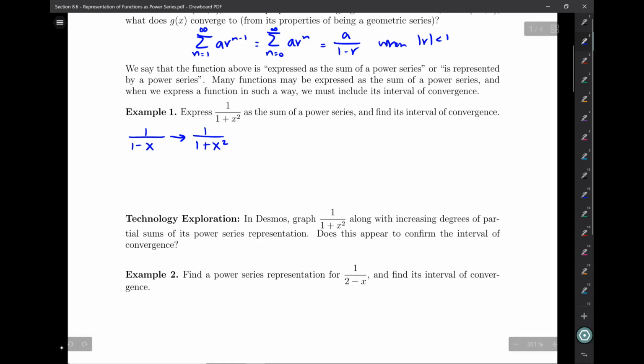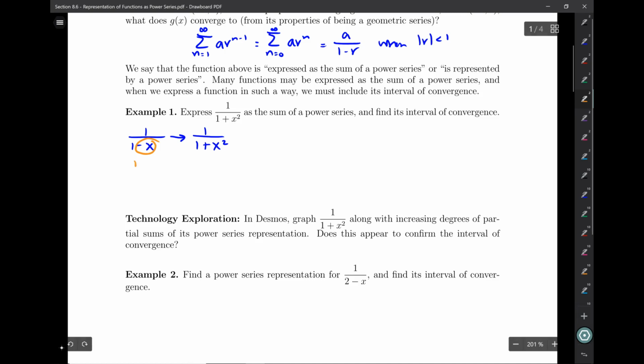They have 1 over 1 then something. In this case, this is 1 over 1 minus x, and what I'm looking to obtain is 1 over 1 plus x squared. So we can think about what we would need to change in this part in order to make this a plus x squared instead of a minus x.